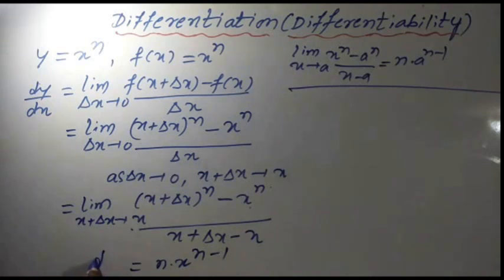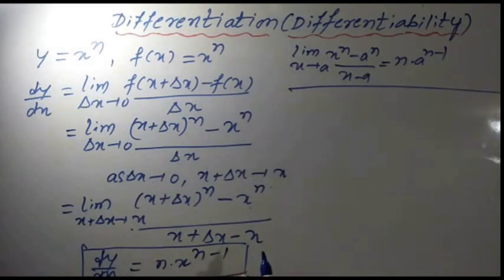So dy by dx is equal to n into x to the power n minus 1. Means the derivative of the function x to the power n, using first principle, is dy by dx equal to n into x to the power n minus 1.